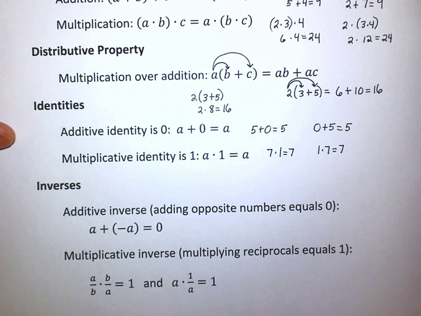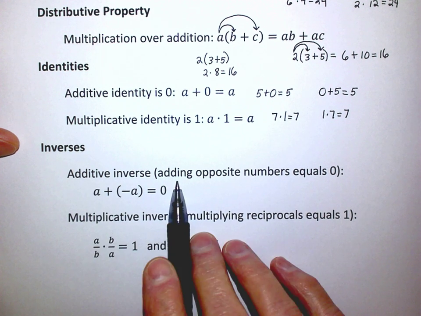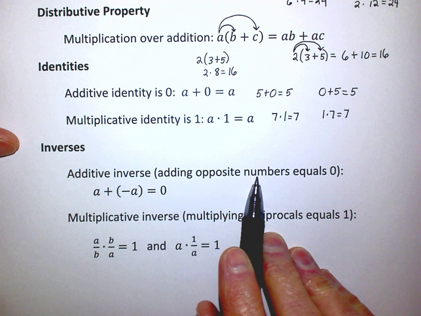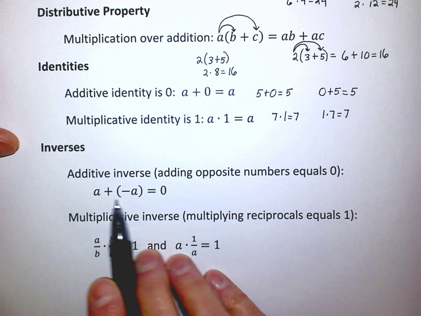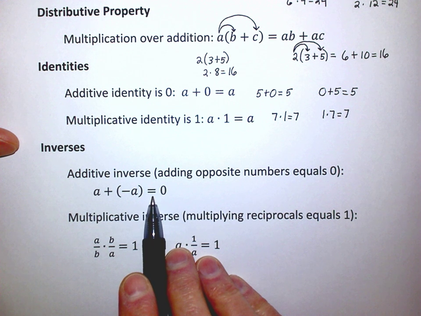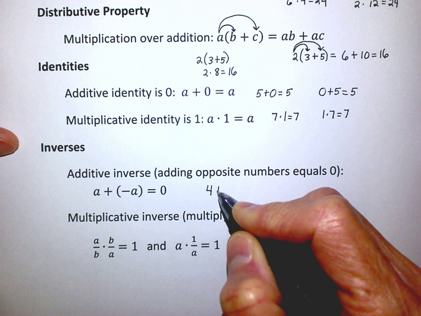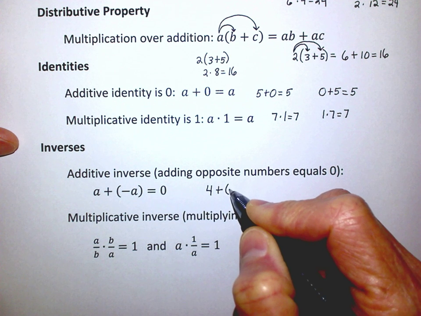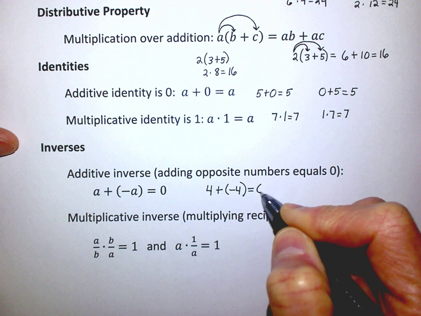And then last we have the inverses. The additive inverse says that if we add opposite numbers, we will get 0. A plus negative A equals 0. So if I take a number and add it to its opposite, I will get 0.